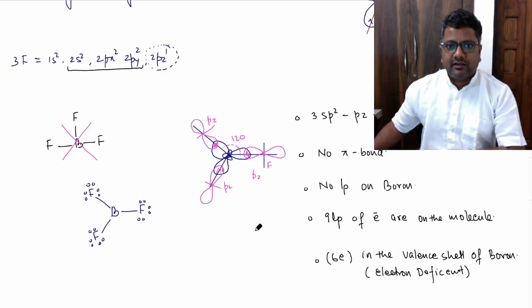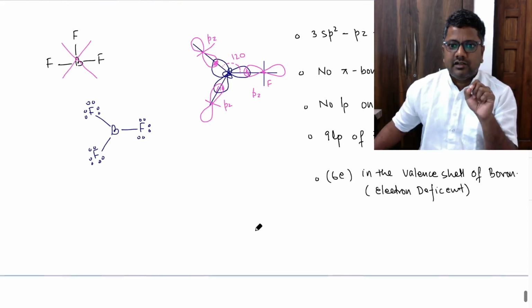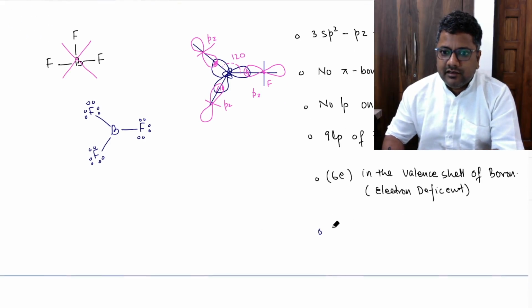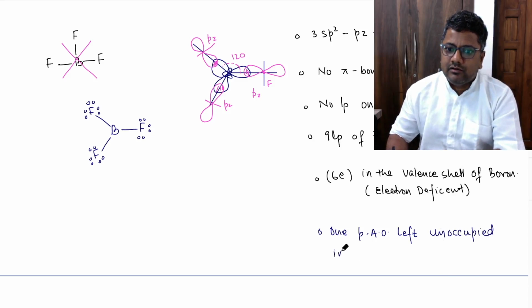So this molecule is electron deficient. It has 3 sigma bonds, no pi bonds. One p atomic orbital is left unoccupied in boron.